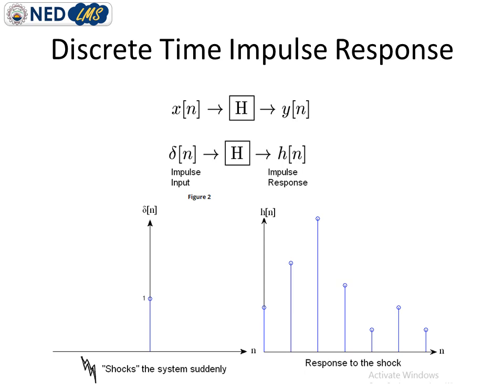we will get some output which is denoted by h of n, and h of n can be of any shape, any pattern, or any sequence, depending upon the system characteristics. So coming back to the first equation, there I said h is basically representing a system.